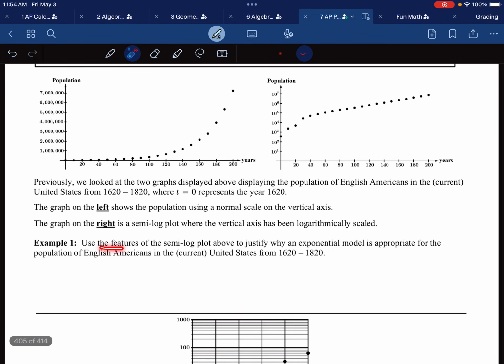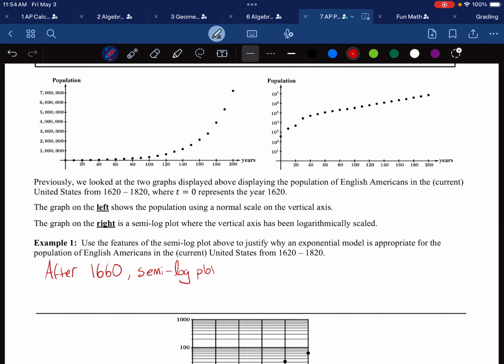So in this example, use the features of the semi-log plot to justify why an exponential model is appropriate for the population of the United States. You can just say, maybe not from 1620, but after 40 years, which is 1660, the semi-log plot is linear, so exponential is the best model.